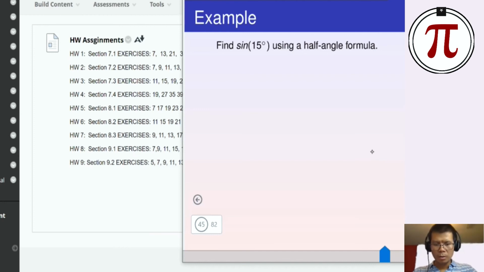What's going on? It's not doing the work. Okay, it's my hand touching the screen. Oh, I accidentally touched the other one, but this one is not coming back. Okay, let me just restart. Maybe I need to restart this.